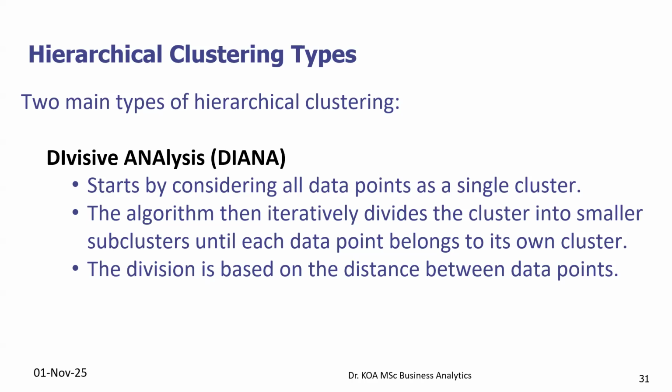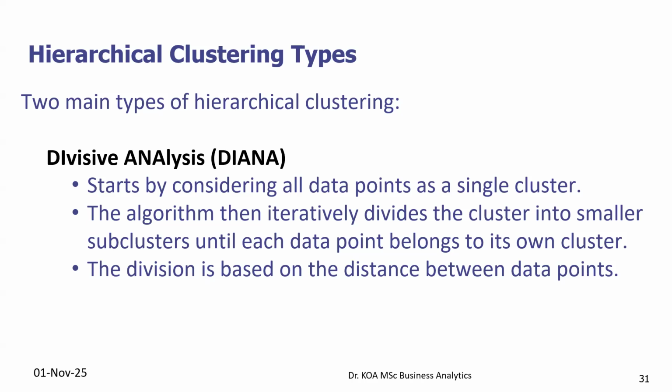What is the difference between the agglomerative analysis and the divisive analysis? I'll put both of them here in a few minutes. Well, the difference is that the divisive starts by considering the data as a single cluster. Now, watch it. You remember the agglomerative considers each point as an individual and then goes backward to create the single cluster. You guys remember? Okay. But this one starts by considering the data as one big single cluster.